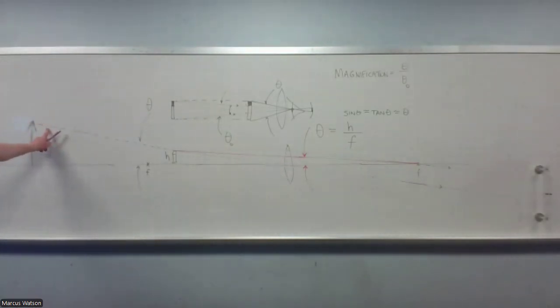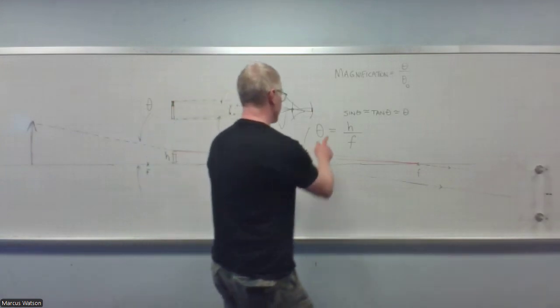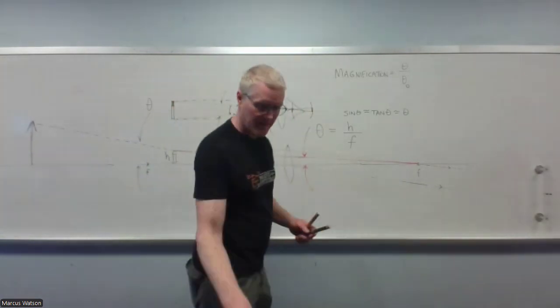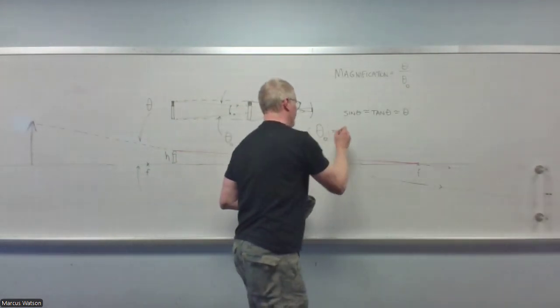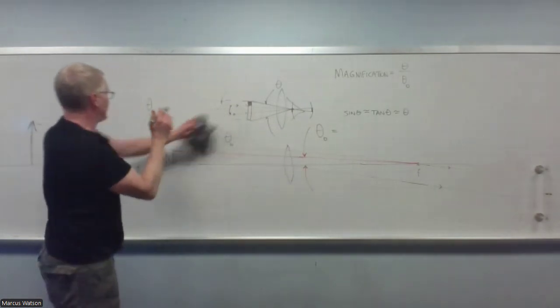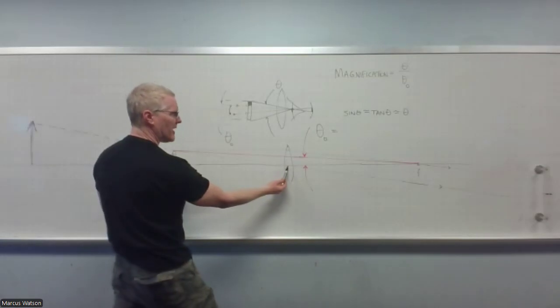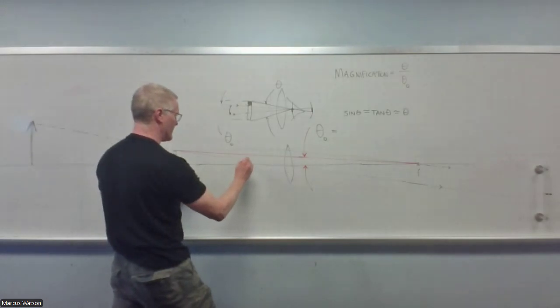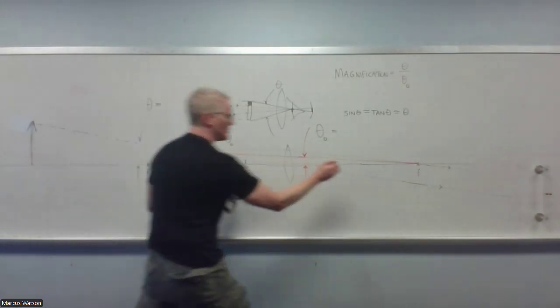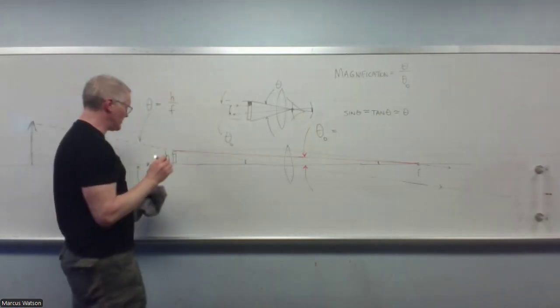So the theta I'm thinking of is the one that's h over f. Sorry. This is theta, which is h over f, and this one is theta naught. I looked at the wrong thing here. This angle right there is theta. Theta naught is this one right in here. Okay, I got that backwards. So this is h over f here.